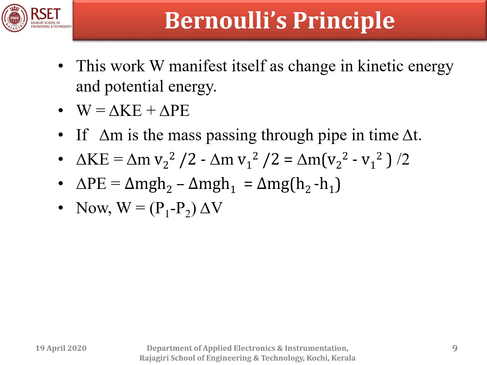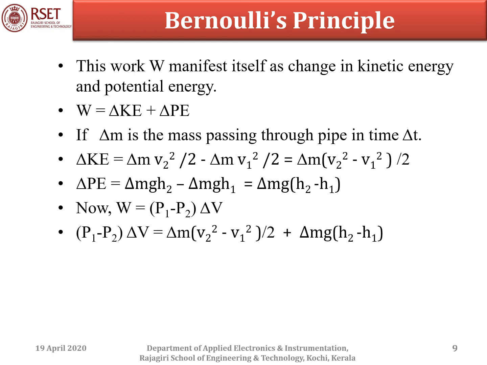Now W was P1 minus P2 into delta V, where delta V was the volume. So when we equate that, we obtain P1 minus P2 into delta V equal to delta m into (v2 square minus v1 square) divided by 2 plus delta m g (h2 minus h1). Before rearranging, if we divide both the sides by delta V, on the left side delta V will cancel out.